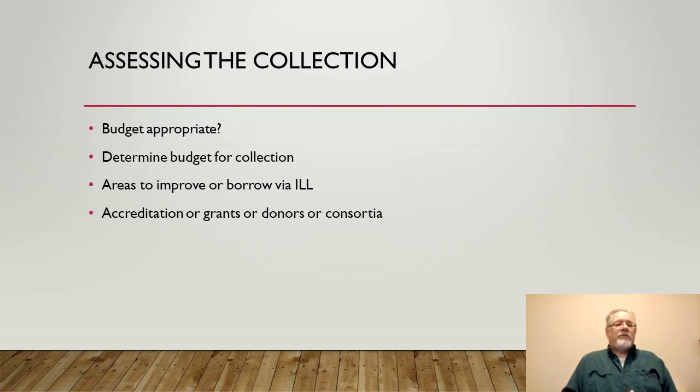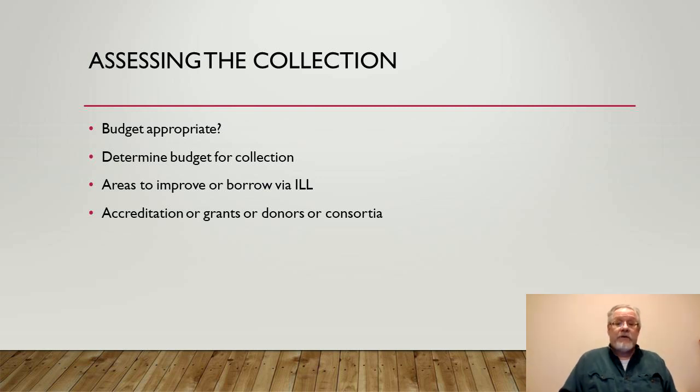It helps determine the budget for the collection overall, but also says in this one field of study, you may need more money. You may need money for 1 to 2 years, let's say, so that you can boost it suddenly, and then you don't need as much later on to keep it going. It also tells you areas that need to be improved or not.